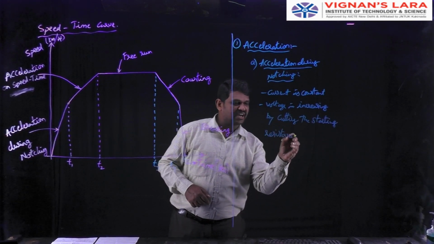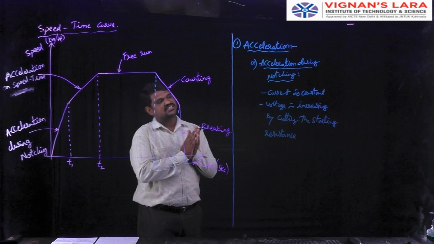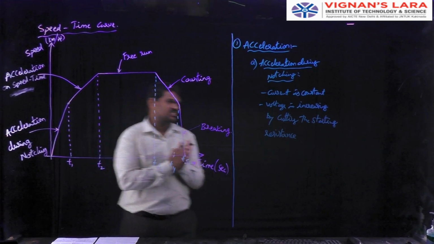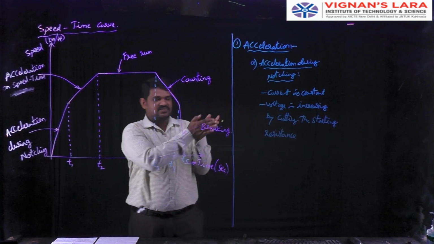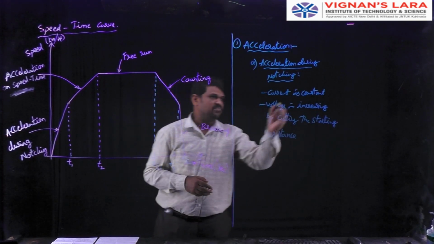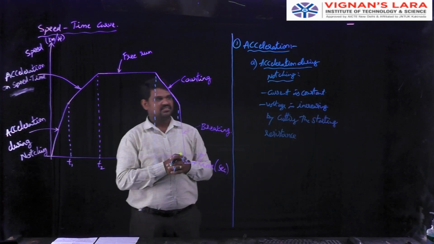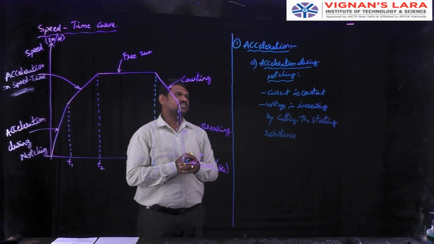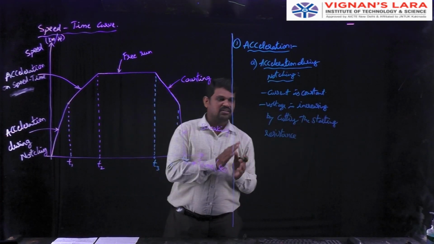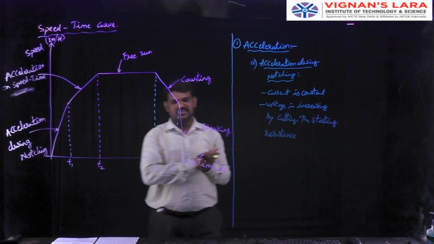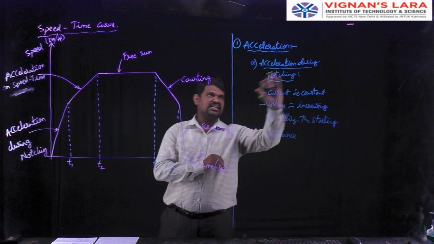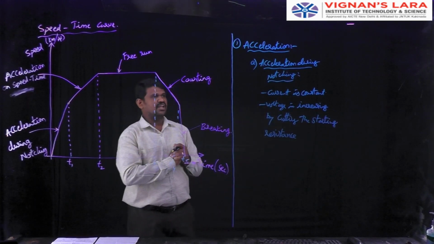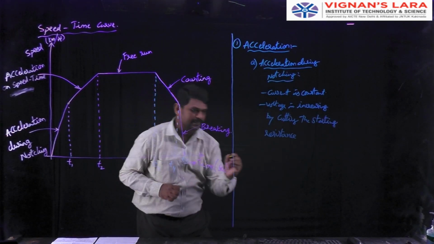When we cut the starting resistance, the voltage will increase, but the current is constant, and the speed will increase. So that period is called the acceleration during notching period.